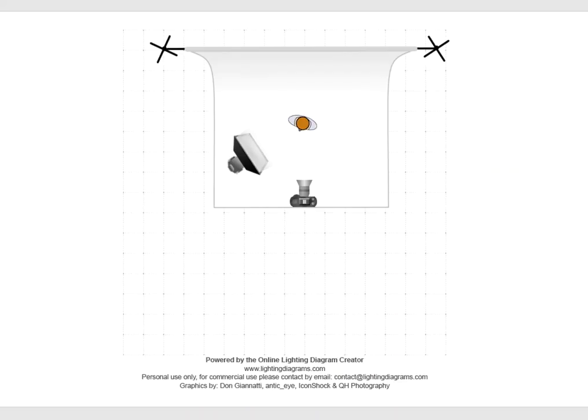As you can see, this is the way I have it set. I do have, like I said, the reflector right here off of camera right. Once again, I don't know why that's not in there. That's my fault. But I have my softbox pointed at Aaron almost that exact same direction.